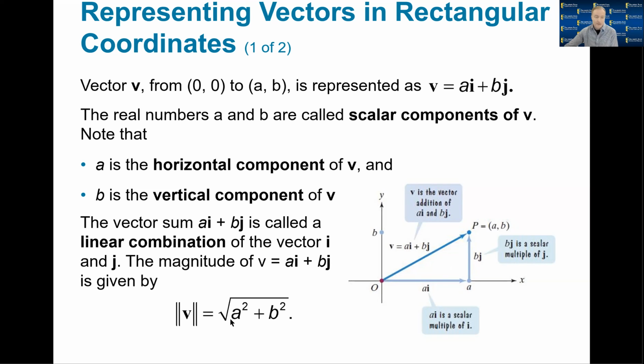That's where we're getting the magnitude of v is the square root of a squared plus b squared. This carries over very nicely back when we were talking about polar coordinates, where we said the distance from the pole to the point in the plane was just r is equal to the square root of a squared plus b squared. Same idea here.